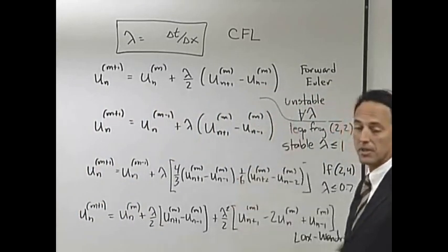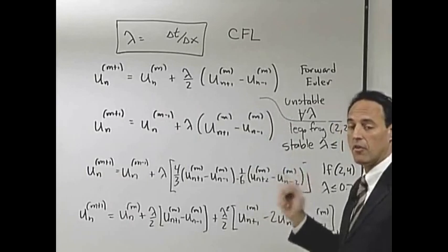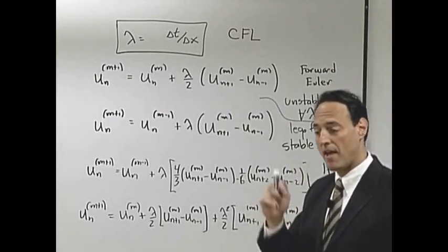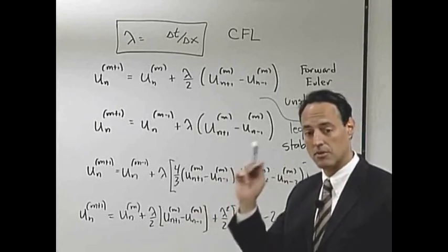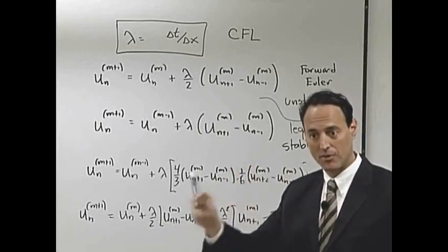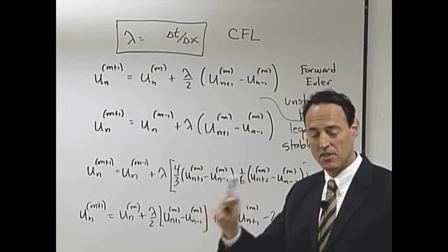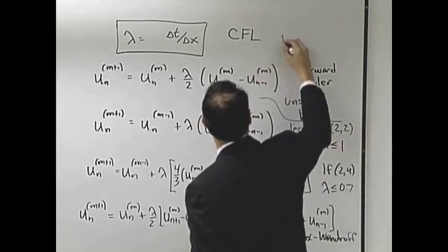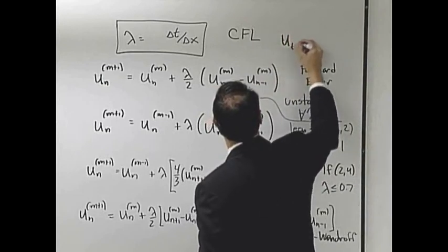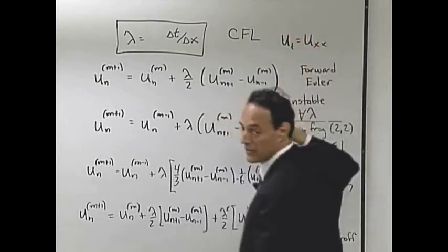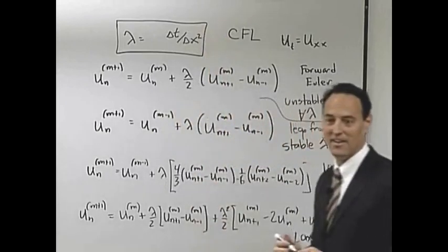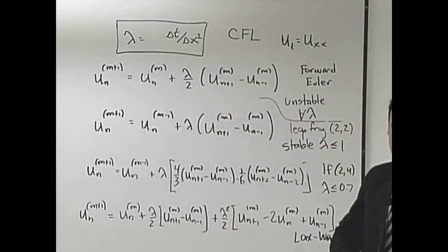Let's talk about that delta t over delta x. That delta t over delta x comes up only because we have ut equals ux. In other words, one derivative in time, one derivative in space. Things get worse if I had things like ut equals uxx, and we'll talk about this next time in class. I put a squared there. How does that affect things?